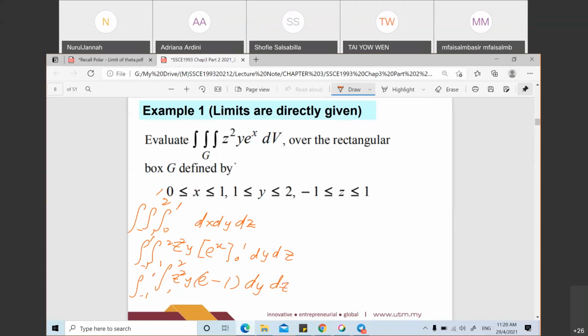I will get z squared over 2 times (e minus 1) y squared from 1 to 2, and then I leave this dz. Which is z squared over 2 (e minus 1), and this is 2 squared is 4, 4 minus 1 is 3. So I put 3 here.